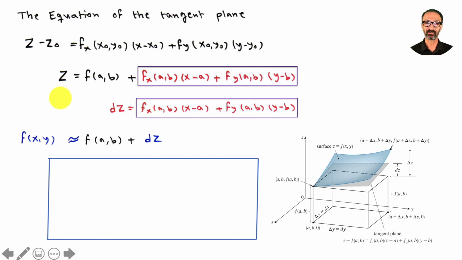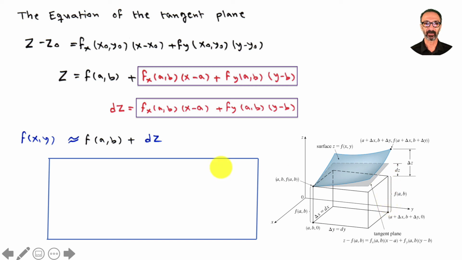So what's f of (x, y), which is z? It's actually z sub 0 plus dz. This would be the approximation. This right here is f of (x, y), will be approximated to this value all the way up to the tangent plane, which is two pieces.